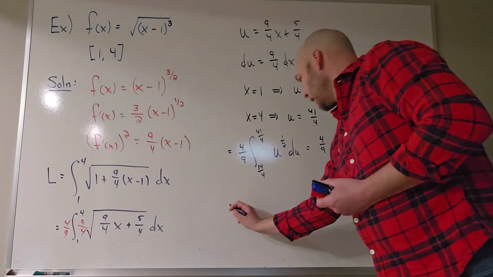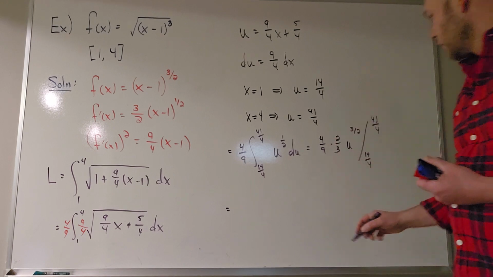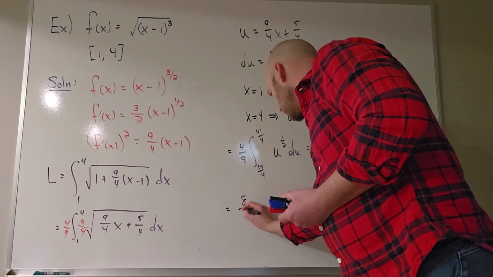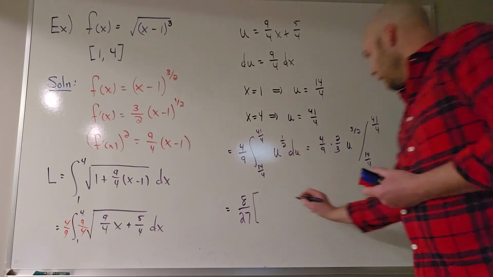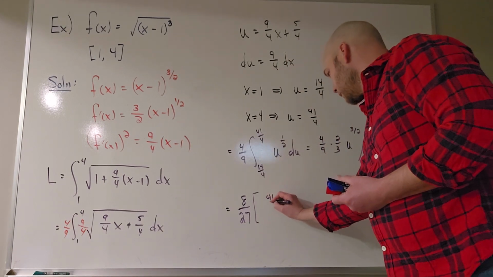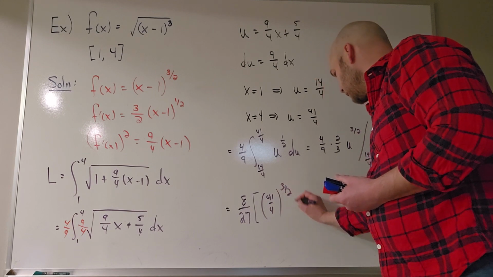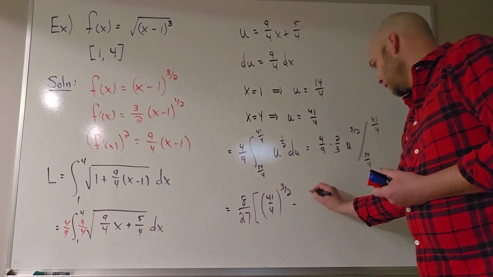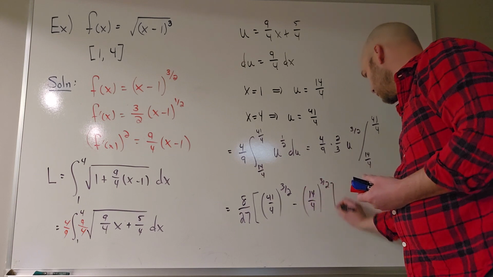Okay, so then I multiply those two together. I would have 8/27, and then that will be multiplied by 41/4 to the 3/2 minus 14/4 to the 3/2.